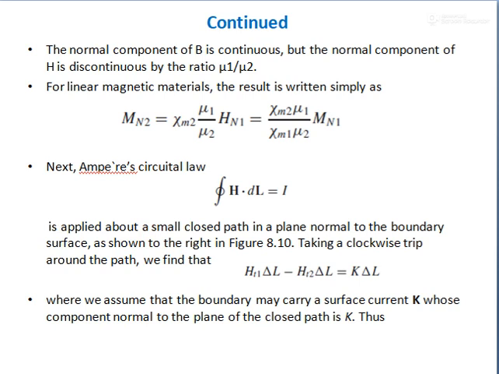Now let us see the boundary conditions for the tangential component.